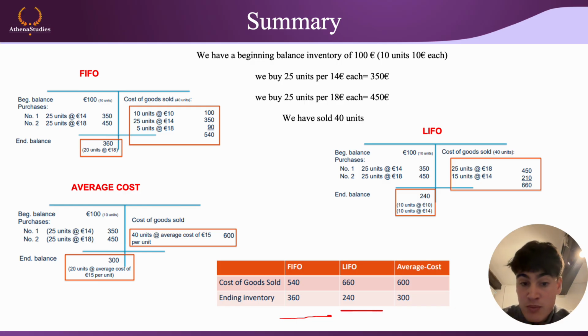For LIFO, the cost of goods was a bit more, 660, and the ending inventory was 240. This is because the price of the goods was increasing with time. And for the average cost, we have cost of goods 600 and ending inventory 300.